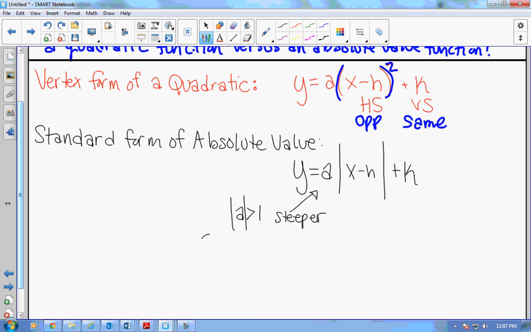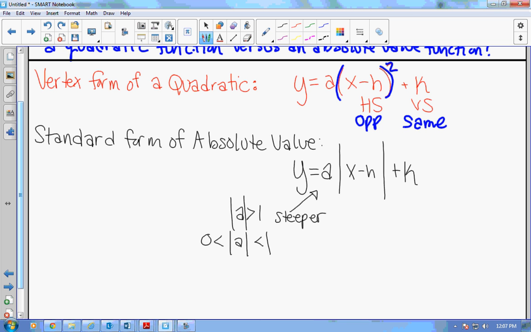Okay, what if A, our multiplier, is a fraction between 0 and 1? What's a fraction between 0 and 1? 1/2. So we go up 1, out 2, up 1, out 2, up 1, out 2. Am I getting steeper? Making wider.